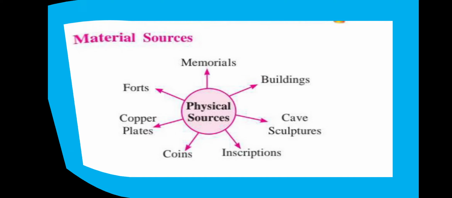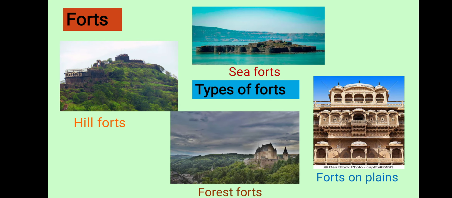The first one is forts. Forts have an important place among the material sources. There are four major types of forts: hill forts, forest forts, sea forts, and forts on a plain.